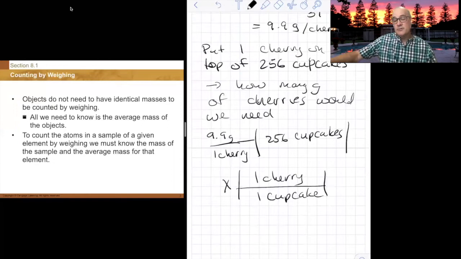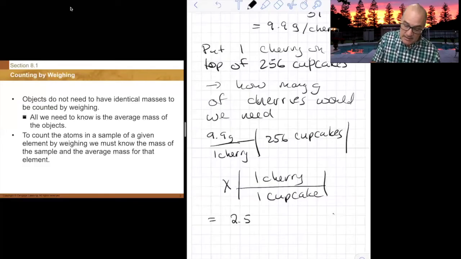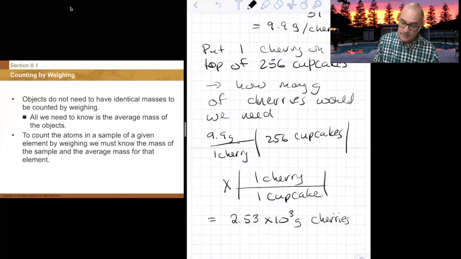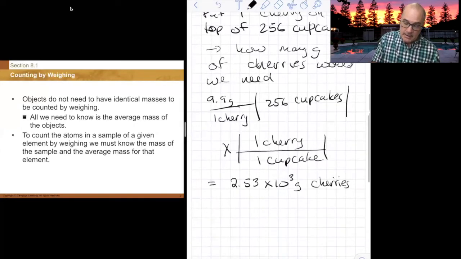When we multiply this out and do the math, we're going to get 2.53 times 10 to the 3 grams of cherries. And this is 2.53 kilograms, of course, because 1 kilogram equals 1,000 grams.